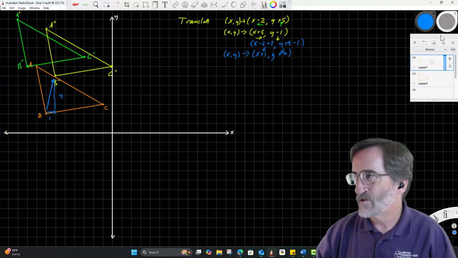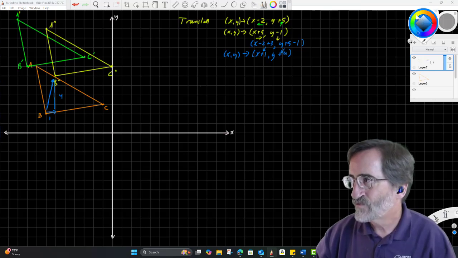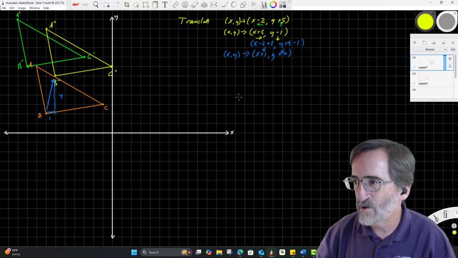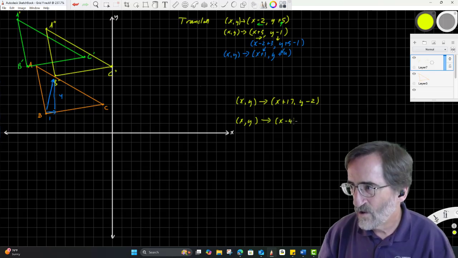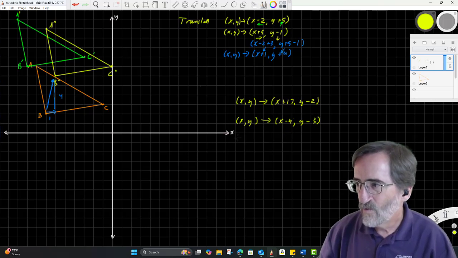Let me give you another example without drawing. Let's say we translate according to this rule: (x, y) becomes (x plus 17, y minus 2). And then we do (x, y) becomes (x minus 4, y minus 3). We can combine that by integer addition.